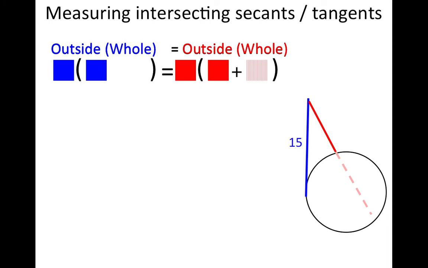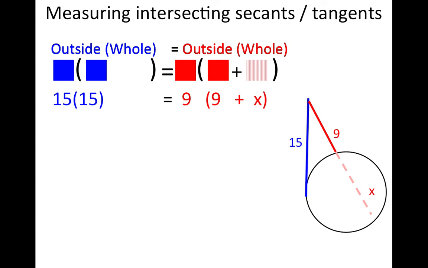So imagine the bright blue part is 15, so my tangent is 15, and the outside part of my secant is 9, and I'm asked to find the chord inside the circle. We'll call that x. So if I plug in my values, I see that 15 times 15 equals 9 times the value of the whole secant, 9 plus x.